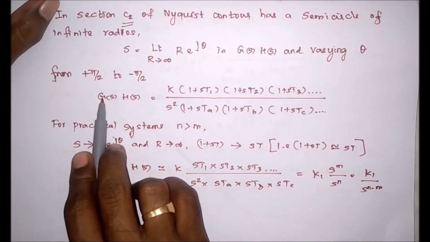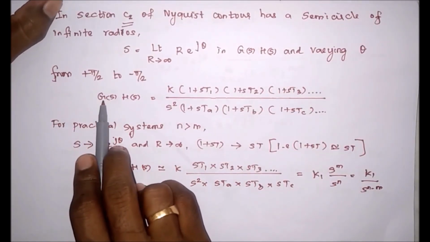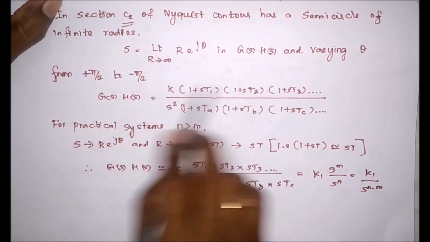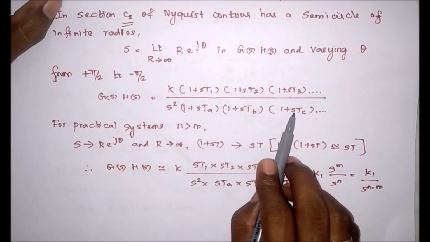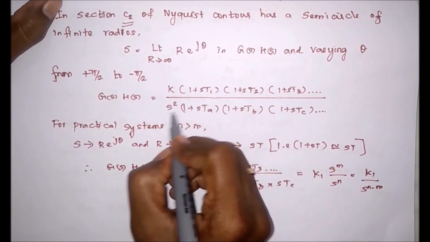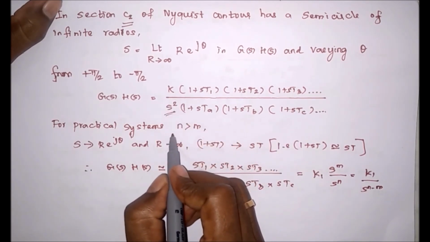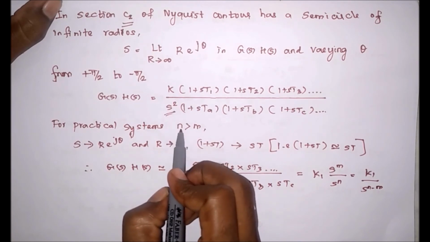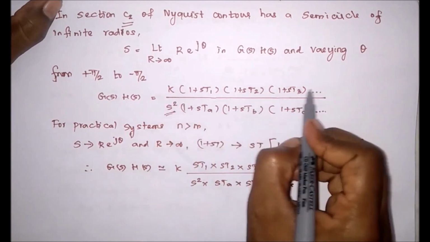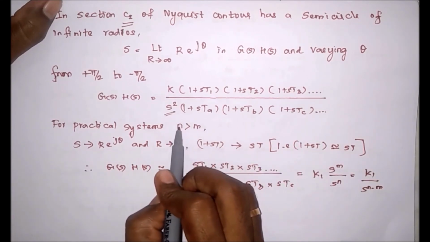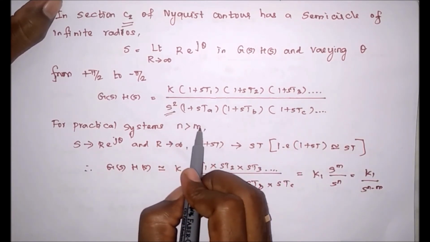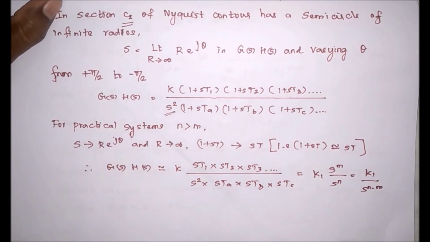Actually, suppose there is a given system G(s) equal to H(s) equal to this. It means there are m number of zeros and n number of poles, and there is a pole at the origin. We know the number of poles is definitely greater than the number of zeros in a practical system.